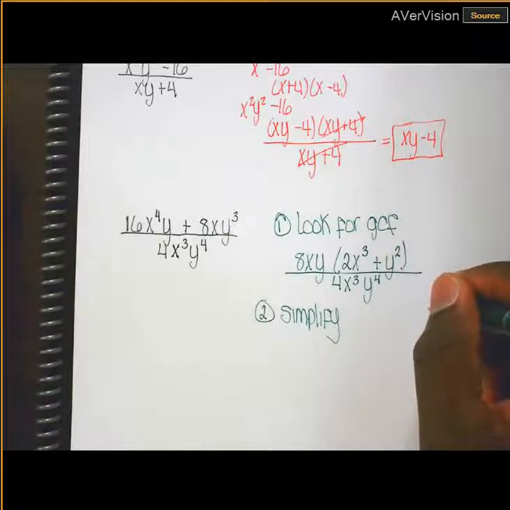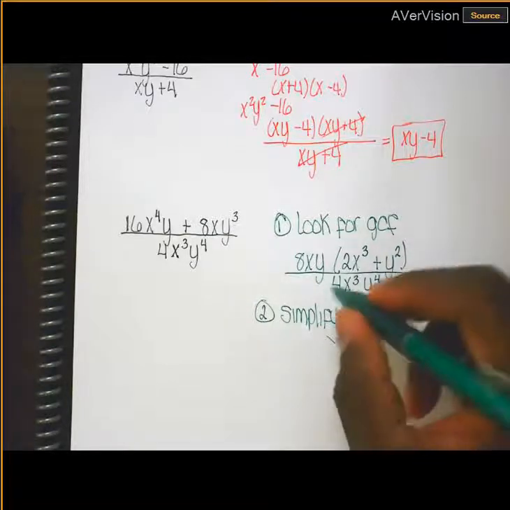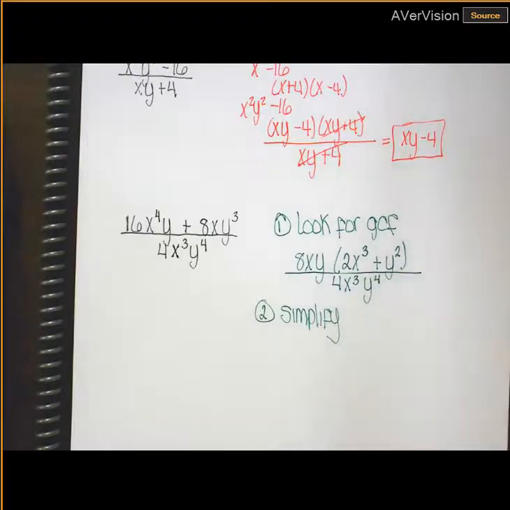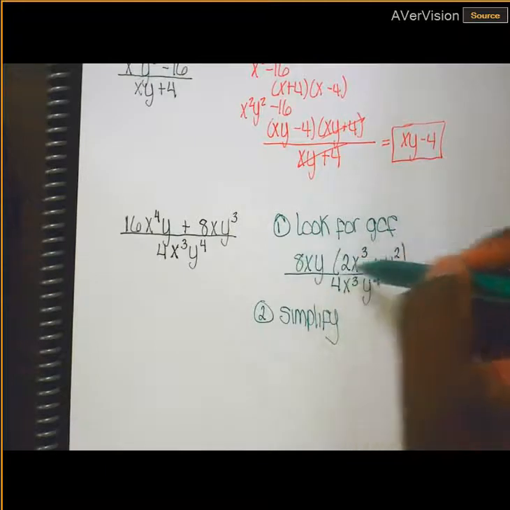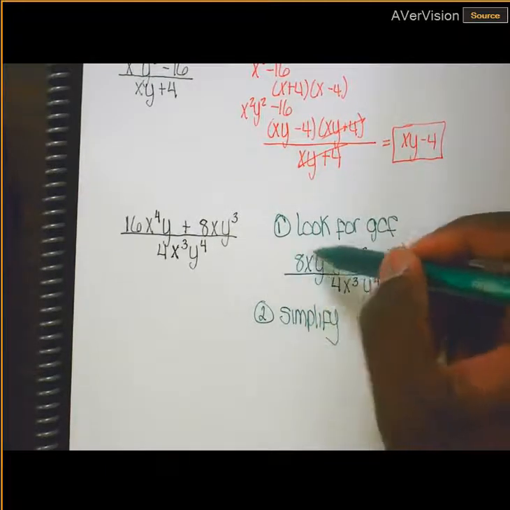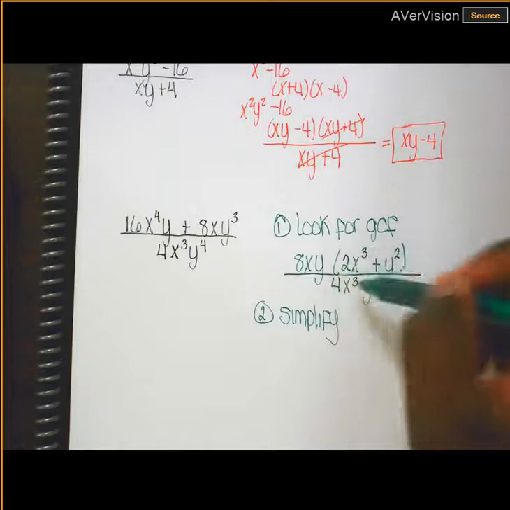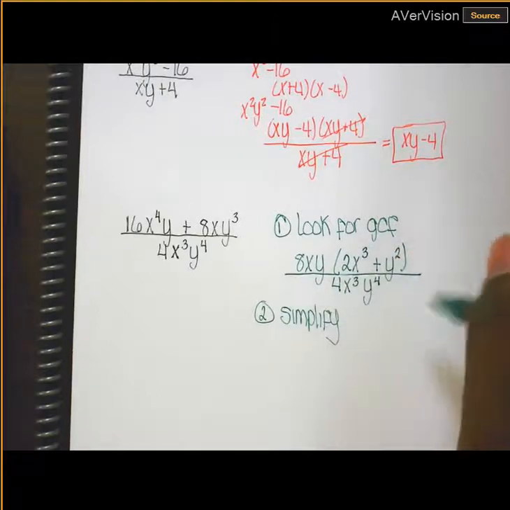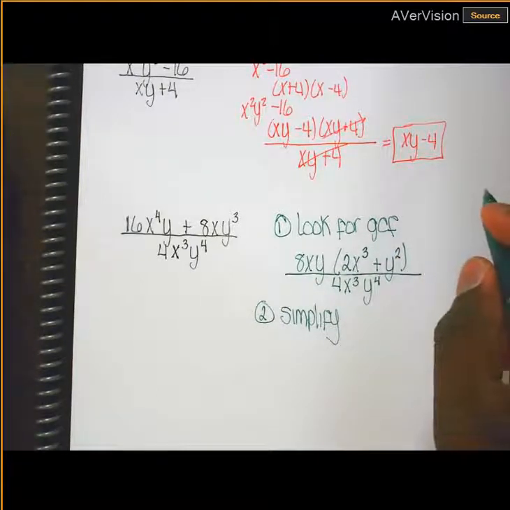The bottom's already factored. Everything's being multiplied, so it's already factored. But I feel like you're on the right track. So everything in the numerator is being multiplied, right? This 8xy is being multiplied to this group, and everything in the denominator is being multiplied. So when everything's being multiplied, what are we allowed to do?